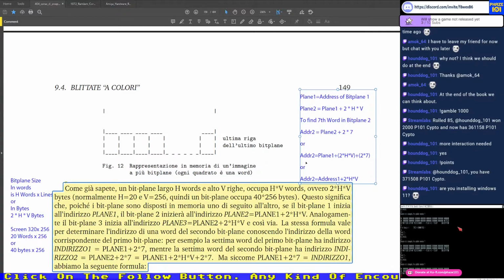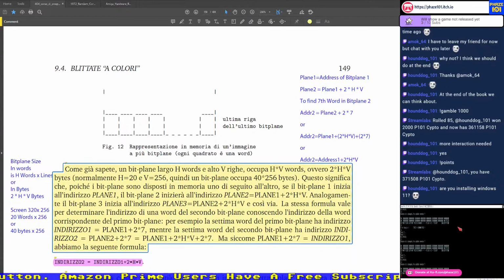That is address 2 equals address 1 plus 2 times H times V, plus 2 times 7, which is this formula here.